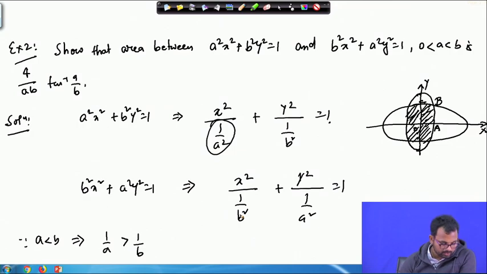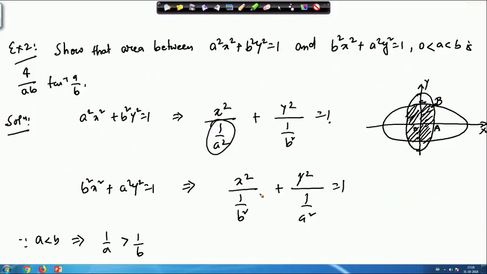So to calculate that, we can calculate the point of intersection. What we basically do is substitute the value of x square from here to here and calculate the value of y, and similarly we substitute the value of y and then we get the value of x.